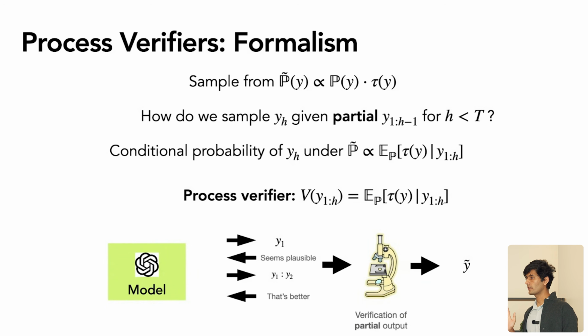It's kind of intuitive, and it makes formal what seems plausible, and what better actually means. It's just a probabilistic way of writing those words more formally. So this is what you want access to. And for the next couple of slides, let's just think about having access to this conditional expectation explicitly, and let's see what that will lead to.